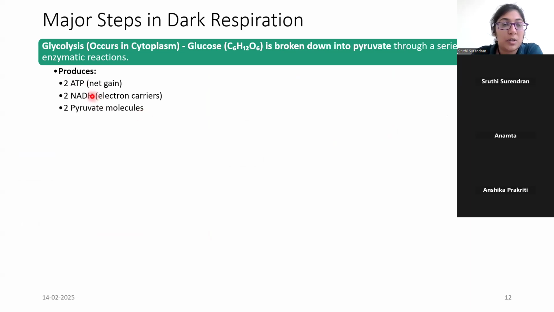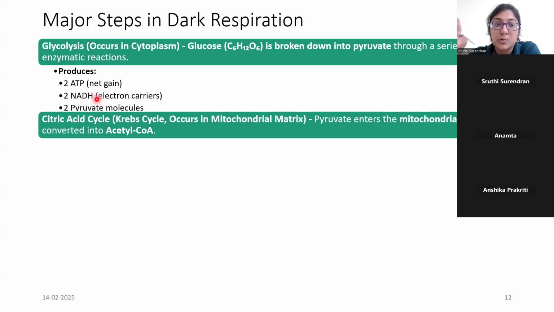Now, you have to be careful with respect to this energy molecule. It is not NADPH, it is NADH. So, as a result of glycolysis, the plant is gaining ATP, NADH, and 2 pyruvate molecules. These 2 pyruvate molecules are going to get converted into acetyl CoA, which is going to enter the mitochondria for the Krebs cycle or the citric acid cycle.